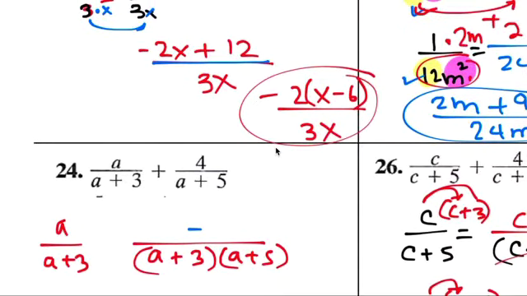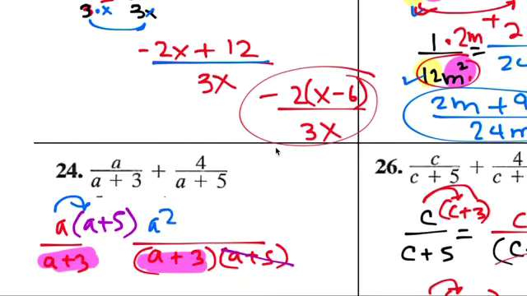This term has this one, but it doesn't have this one right here. So the a plus 5 goes to this one, because it's missing that one. So you multiply that. A times a is a squared, and a times 5 is plus 5a.